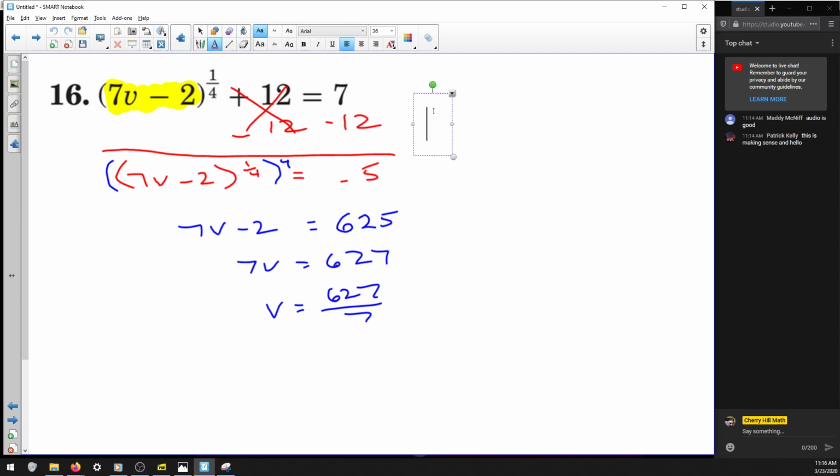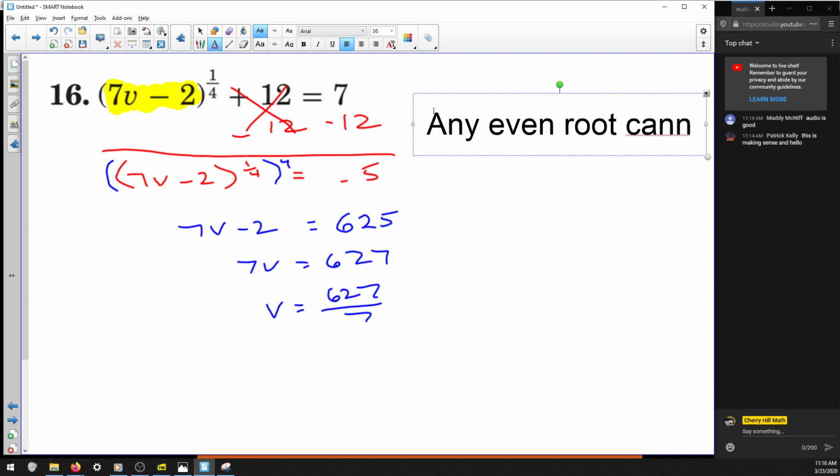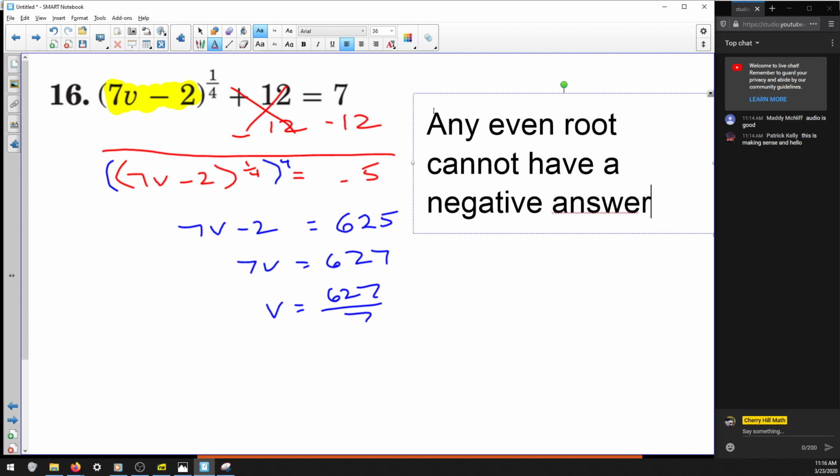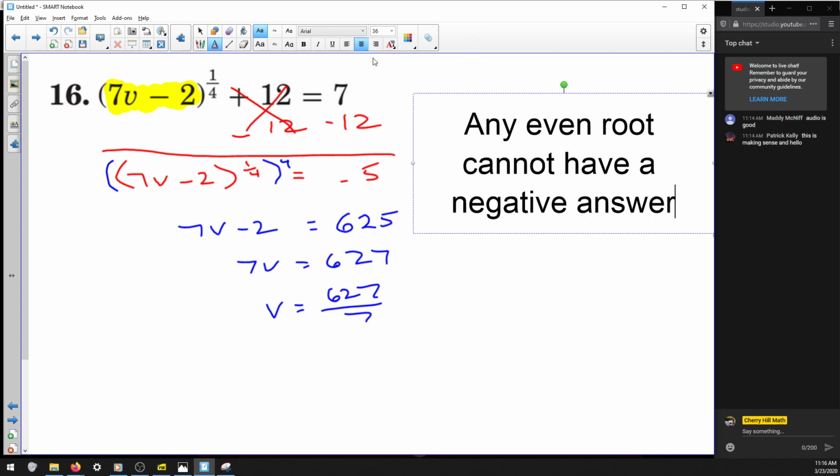Any even root cannot have a negative answer. Just like how square roots are not allowed to have a negative result, we always just assume it's positive. That's actually true of every single even root that exists. So because we are 4th rooting when we raise to the 1/4 power, the answer cannot be negative.